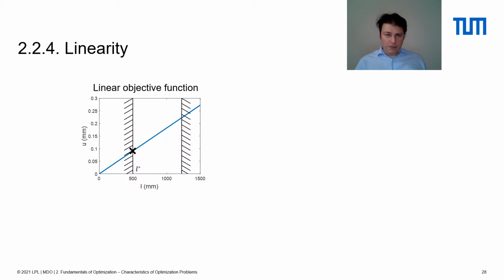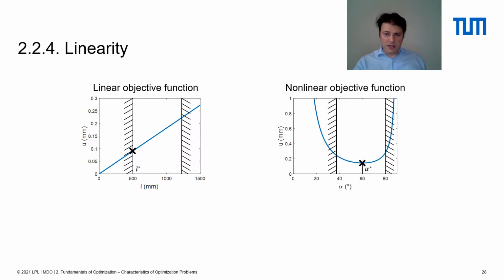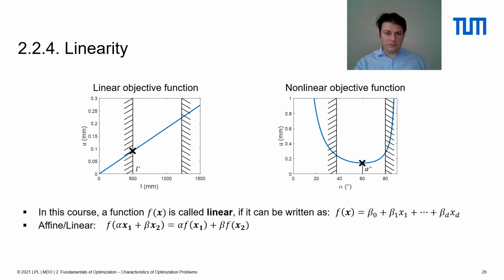Another important property would be linearity of both functions and problems. So a linear objective function is shown here on the left-hand side, and on the right-hand side you can see a nonlinear objective function. Actually, linearity is used in the literature in different ways.